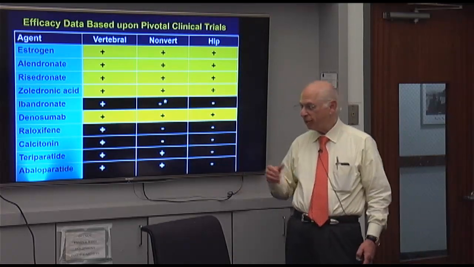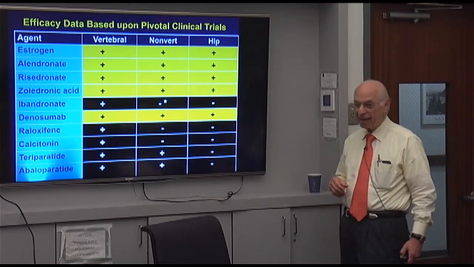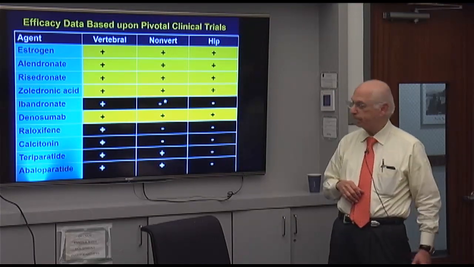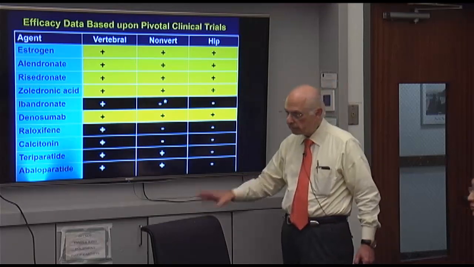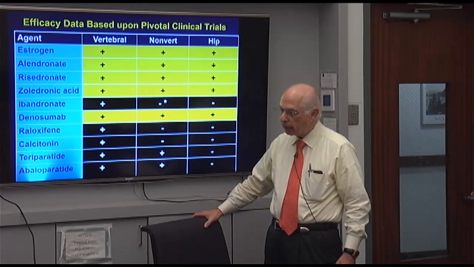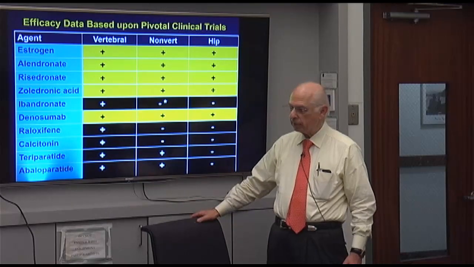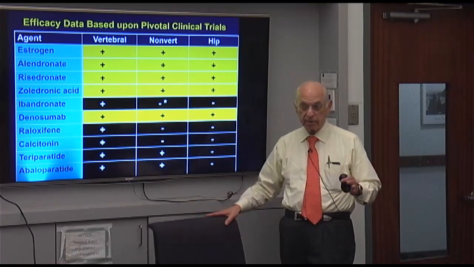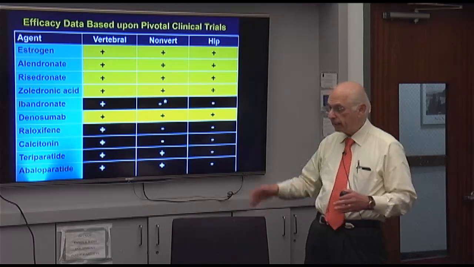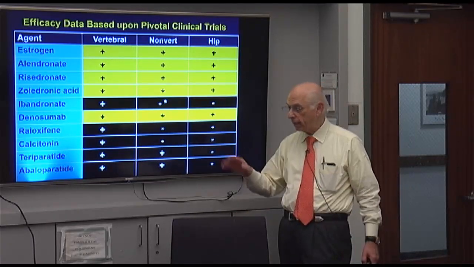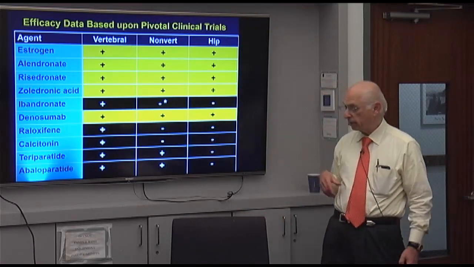Abaloparatide is Tymlos, right? No, you don't have it yet. Europe doesn't have abaloparatide yet. Clodronate. We don't have clodronate. Canada has clodronate, I'm sure. We've never had clodronate, so it's not on the list.